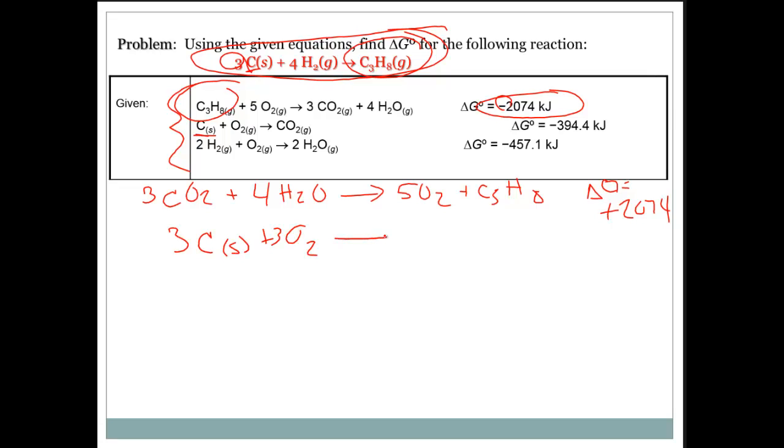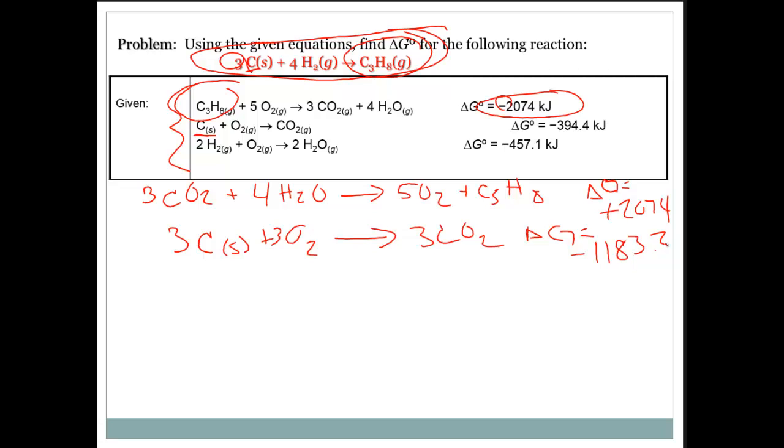So now it's 3 carbons plus 3 O2s yields 3 CO2s. Because I multiplied that by 3, I have to multiply the delta G by 3, which then comes out to be negative 1183.2. Finally, let's look at this last equation.